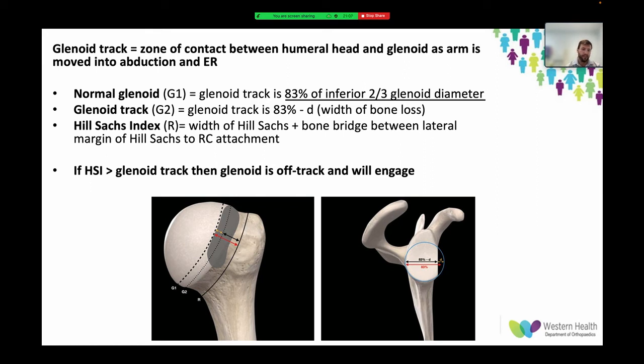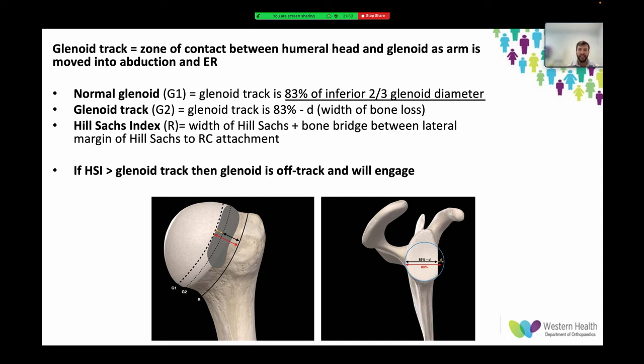As you lose glenoid bone stock anteriorly, which they use little d to represent, that will then allow that humerus to engage earlier with the anterior glenoid. So what you do is you measure the 83% of the normal glenoid as you would have estimated it, and then you minus the little d from that measurement, and that's going to give you a glenoid track.